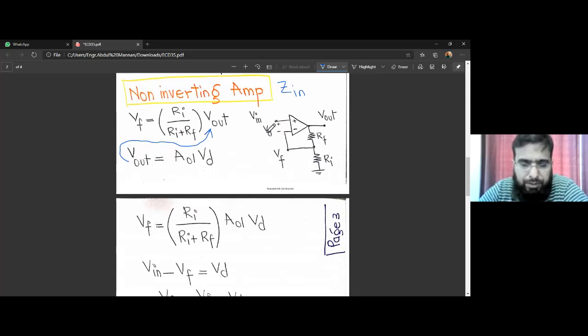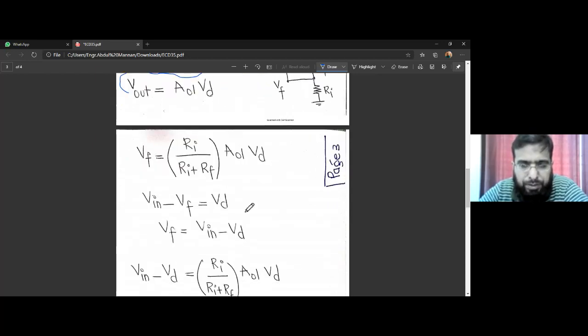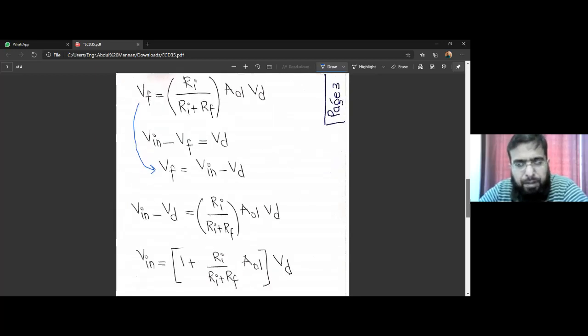We can rewrite this equation so that Vf comes on the left hand side and V in minus Vd on the right hand side, and then put the value of Vf here. So V in minus Vd is now Vf, which is Ri over Ri plus Rf times AOL times Vd. Now we have this expression, everything is embedded in it.